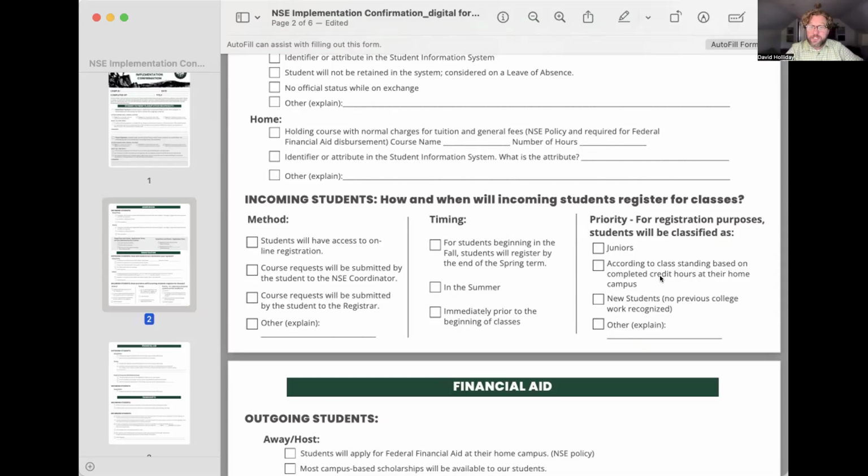We do have some campuses where students register first or sometimes with juniors. We also have a few campuses that will say NSE students register with new students. So that's after campus students, kind of during open registration. So again, establish those policies and then also make sure that those are marked on your campus profile. This should actually go back and forth between this form and your NSE campus profile.